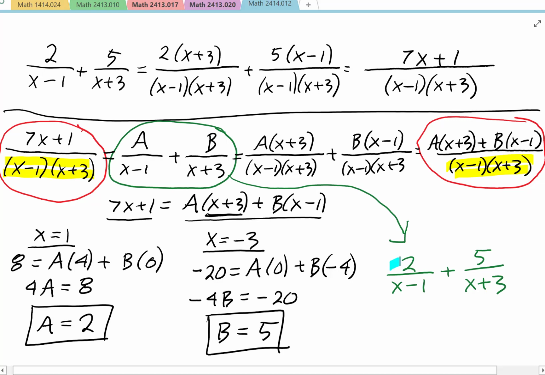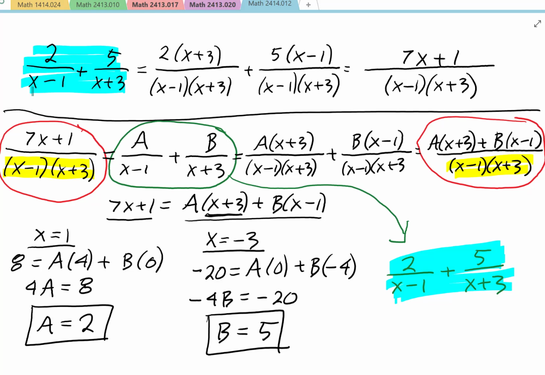And look what we got. That's our final expression, and that turns out to be identical to what we started with. And that's just a first look at partial fraction decomposition.